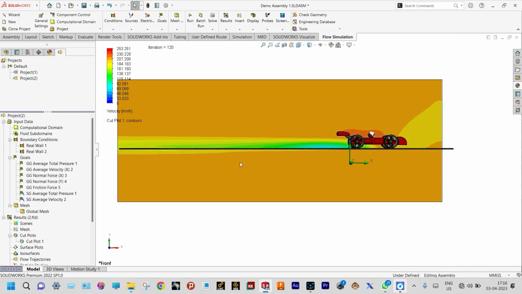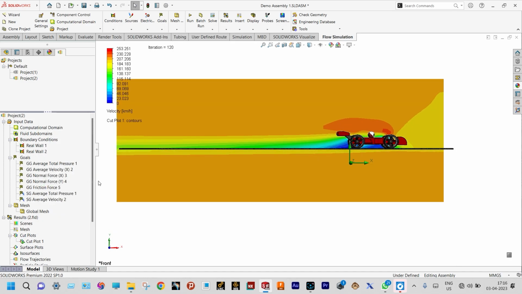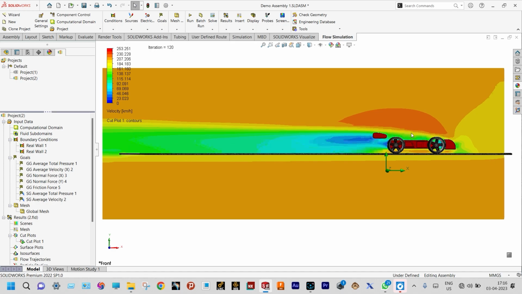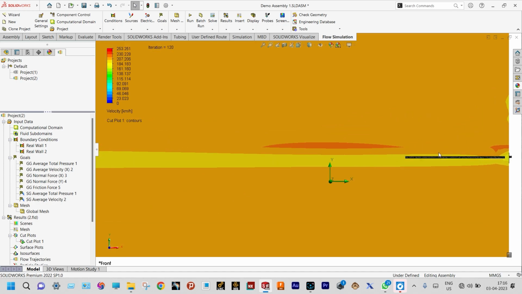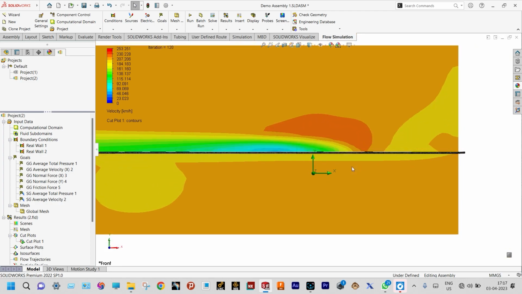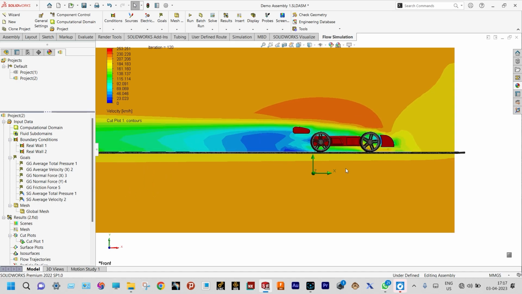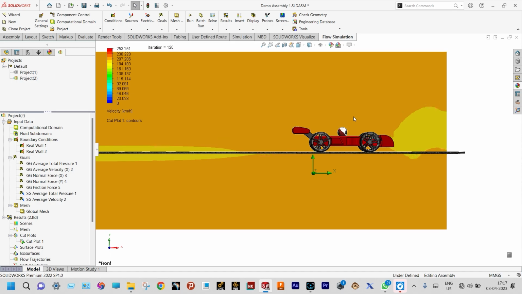Green check, and let us play. To understand this one a bit, let us play it. So we can see here velocity at this region is very high at the top side.